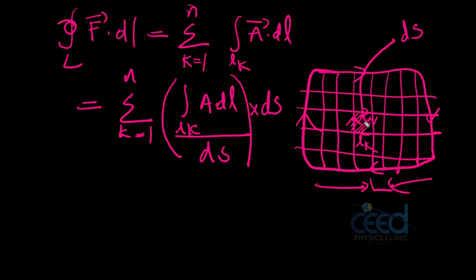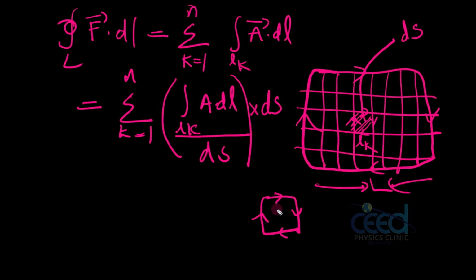How does this represent the curl? To see this, I am taking this small loop outside. This is our small loop which I have considered.